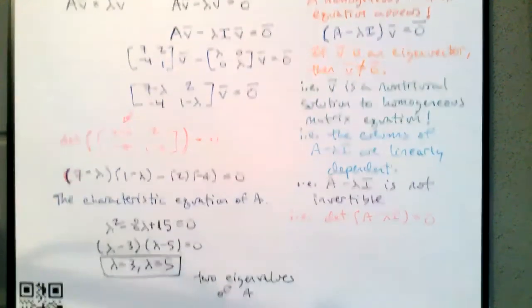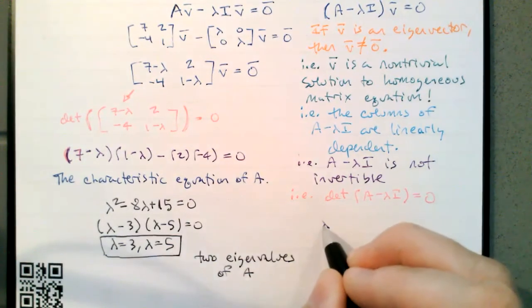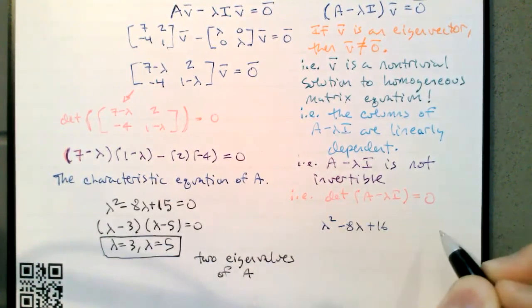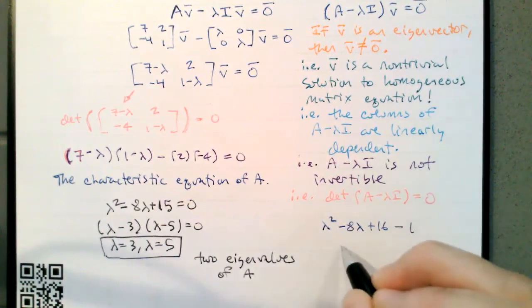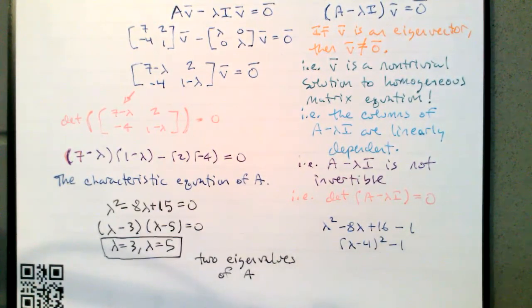We got two eigenvalues of A. Of course, if we wanted to solve this characteristic equation with a little bit of style, we could complete the square, because it's going to be lambda squared minus 8 lambda plus 16. We wouldn't write this part down, and then that would mean a minus 1. So lambda minus 4 squared minus 1. So everything within 1 unit of 4, that's 3 and 5. But the traditional way would be to factor this polynomial.